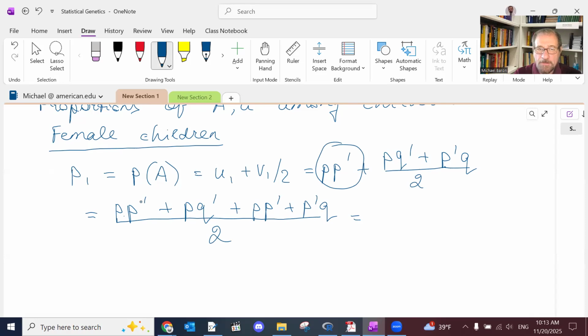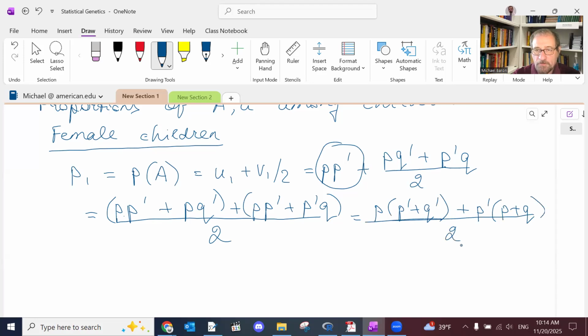I did it this way because now I can group the terms, and in the first group we'll factor P, it's multiplied by P prime plus Q prime, which is 1. And in the second pair we can factor P prime, it's multiplied by P plus Q, which is also 1.